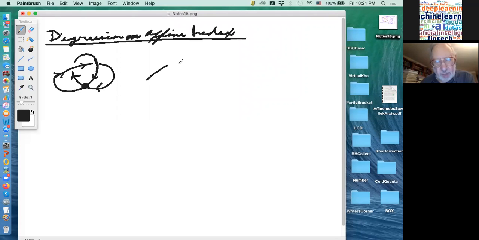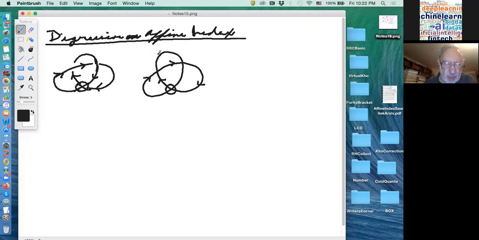How do we do it? Well, we do it by calculating weights on a, oh, I'm confused today about my non-classical crossings. This is now a virtual knot, right? We make a flat version of the virtual knot, and we make the indexing on the virtual knot.